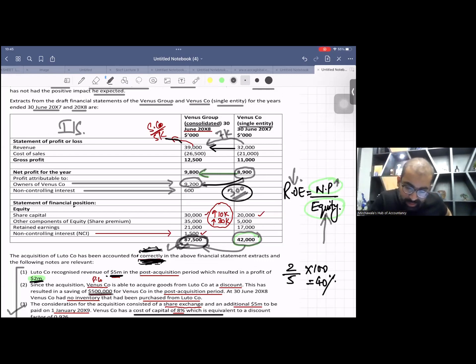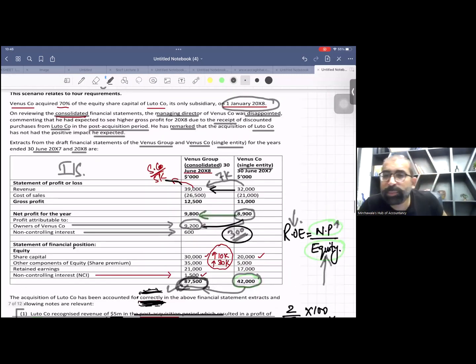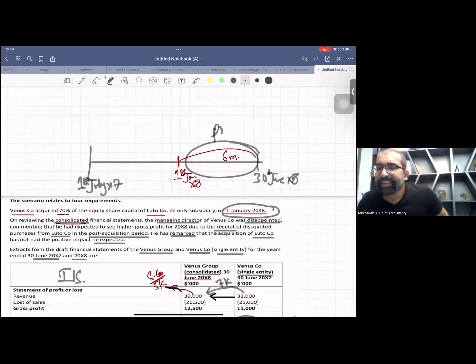But in the numerator, we have only included 6 months profit. You are not getting it? In the numerator, we have only included 6 months profit, but in the denominator, we included the complete equity. Sorry.